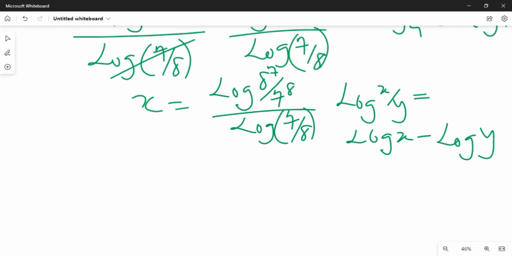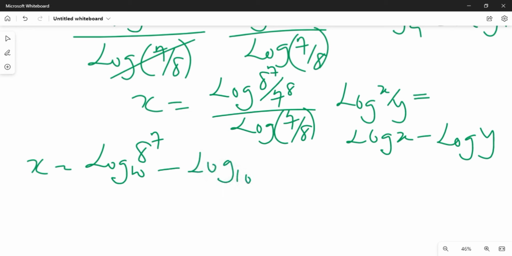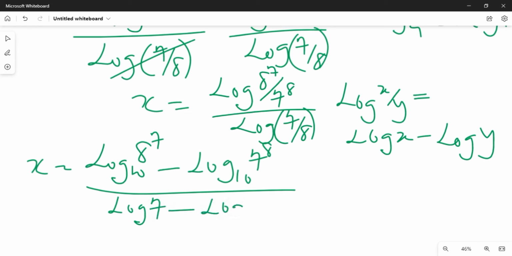If we apply that into this equation, we're going to have our x to be equal to log of 8 raised to power 7 minus log of 7 raised to power 8 all over log of 7 minus log of 8.